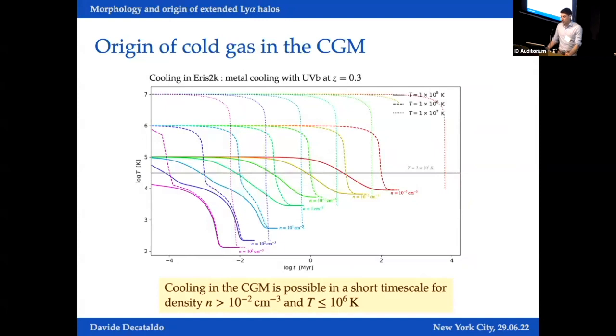So it's totally reasonable that gas dense enough can cool in the CGM. And to get this result, you need a simulation with a high enough resolution to probe the gas with a high density.